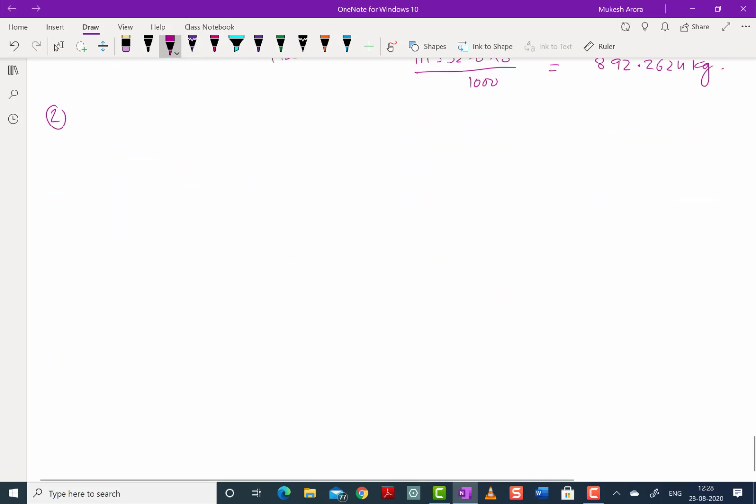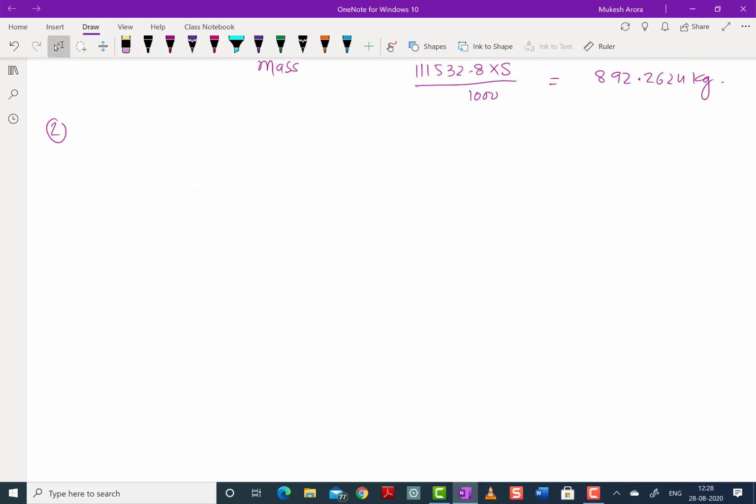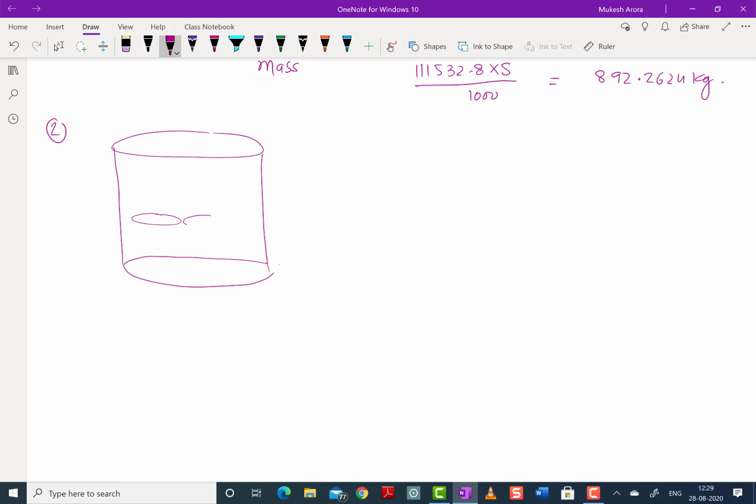kg. Question number 2: a gulab jamun contains sugar syrup up to about 30% of its volume. A gulab jamun contains sugar syrup up to 30% of volume.